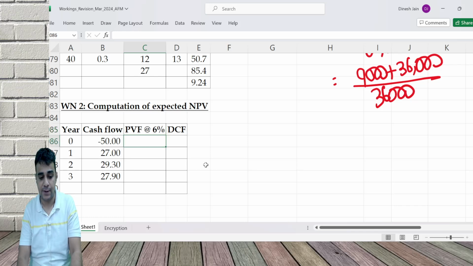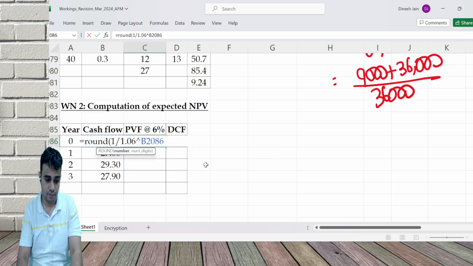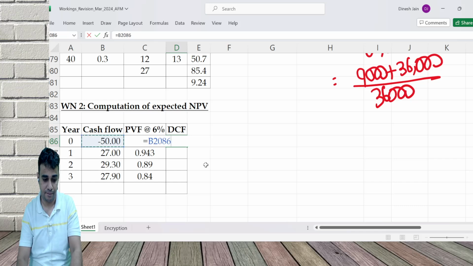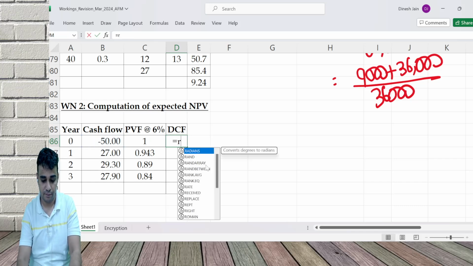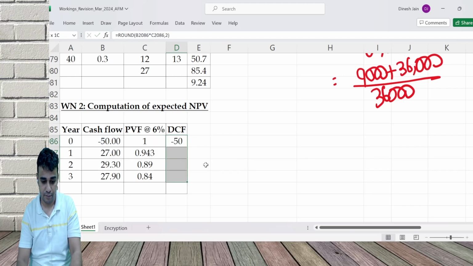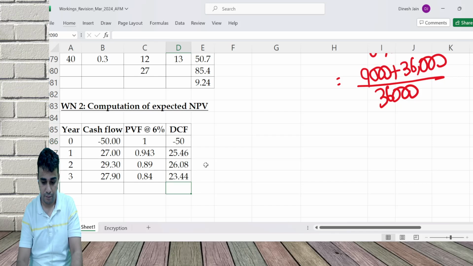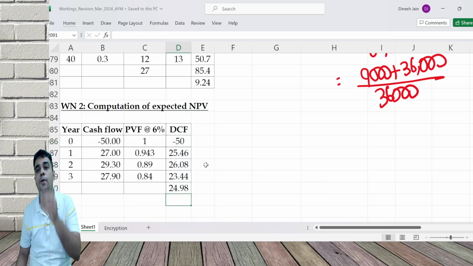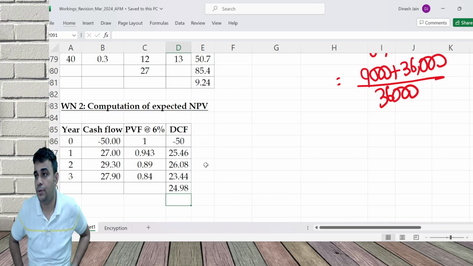PVF at 6% and DCF. 24.98 lakh is the NPV.